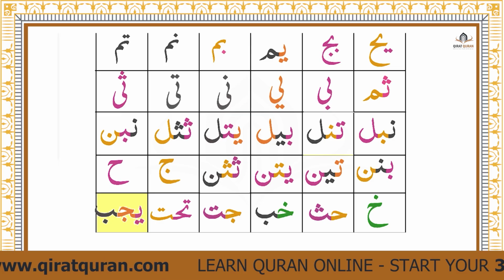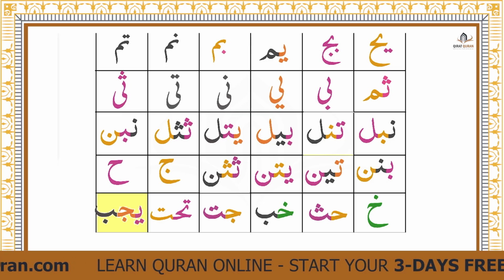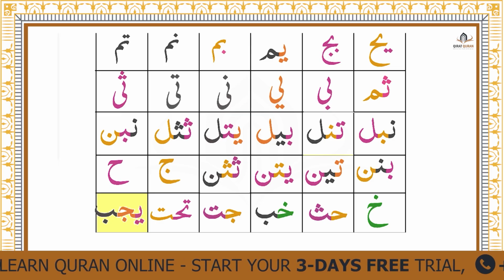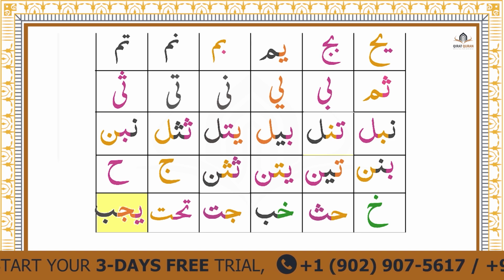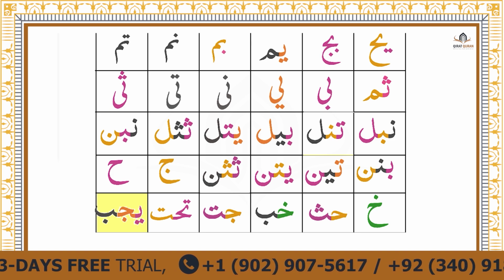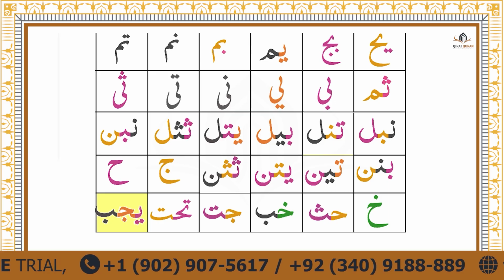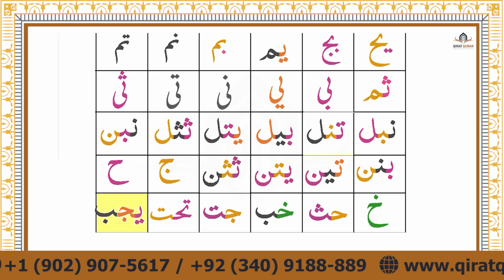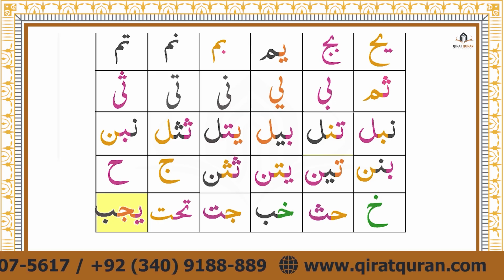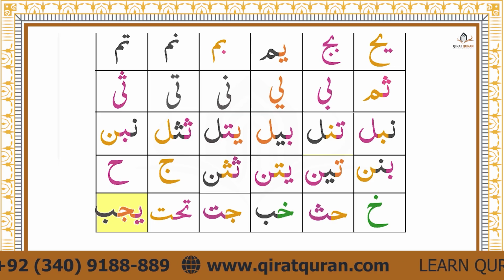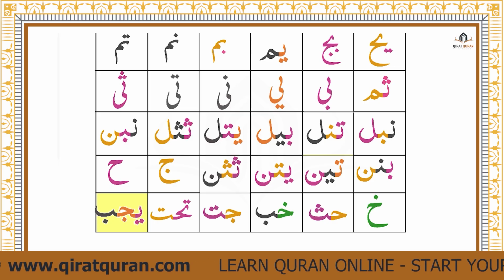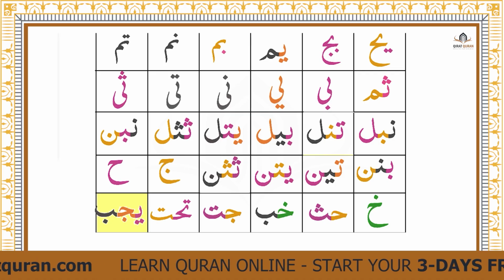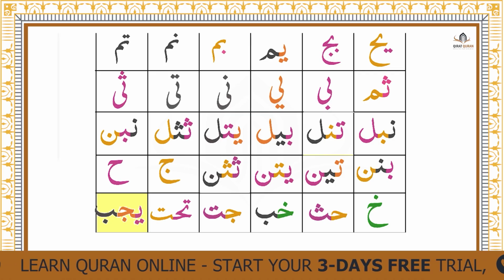Next three letters, the first one we have is ya, because it has two dots at the bottom, and we know that ya has two dots at the bottom. So this one is ya. The next letter has one dot at the bottom, and the formation has two parts, the upper part and then the lower part.